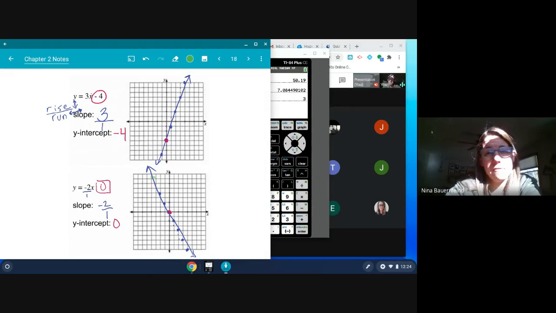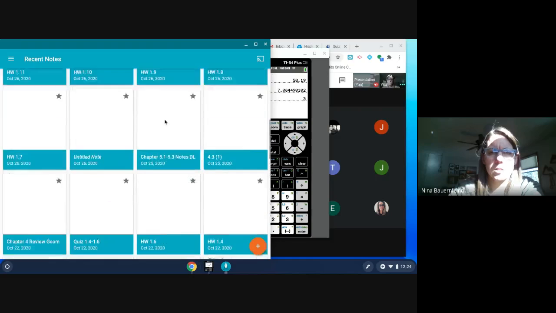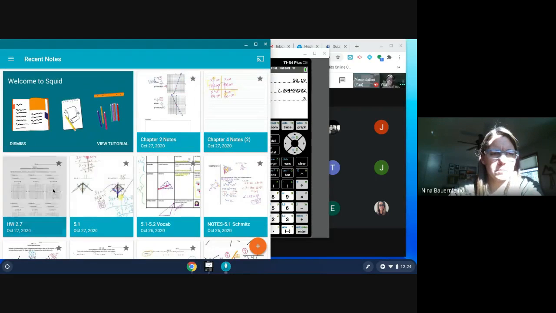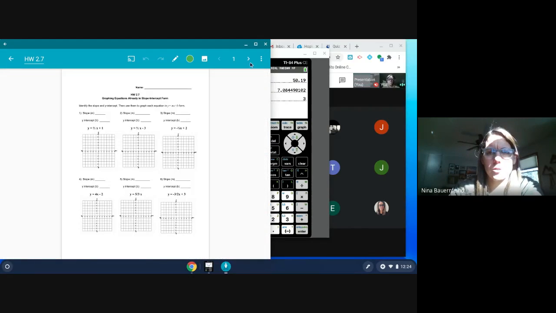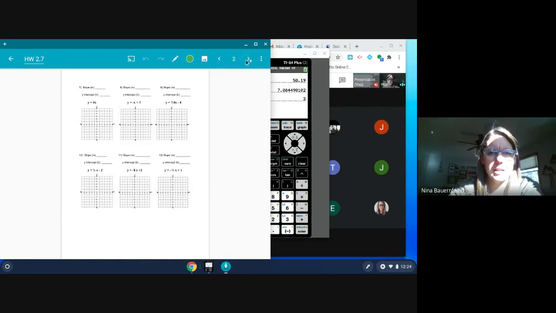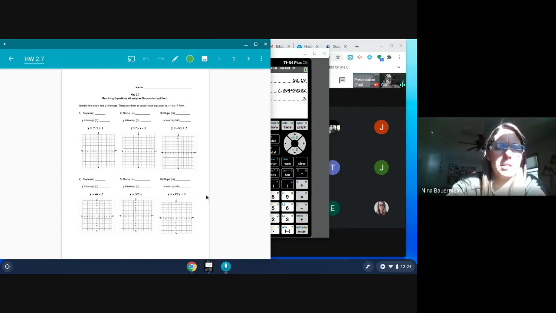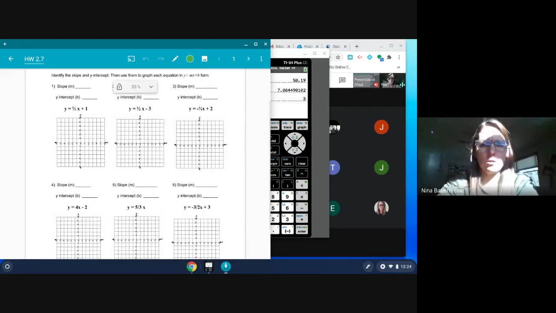And that's all that we have for 2.7. That's the lesson. So the homework is pretty similar. There's a front side and a back side.